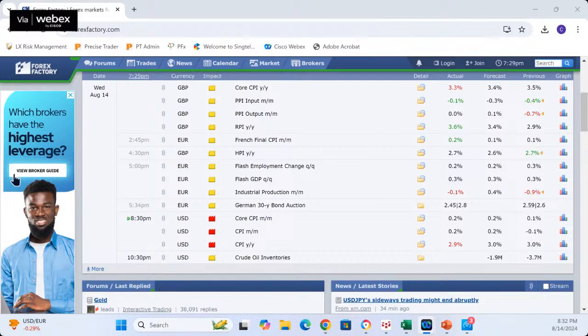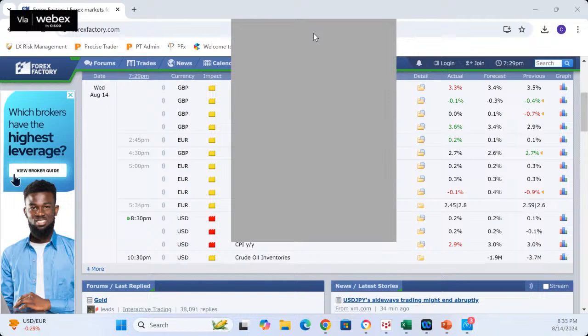Meaning the Aussie dollar, dollar cat, New Zealand dollar, all this will start to move because this data was supporting the dollar bulls, right? Okay. So now let me see. Okay, let me go share that screen.